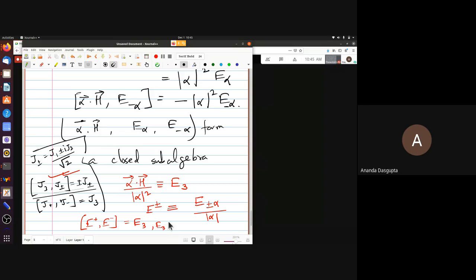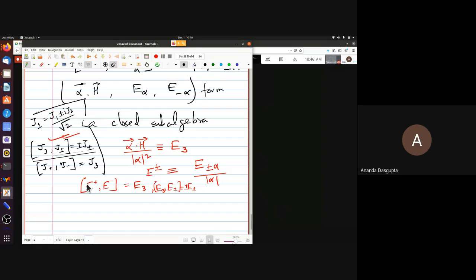And E3 commutator with E plus minus will be plus minus E plus minus. Exactly what you need. Is this okay with everybody? This is a critical part of the definition.